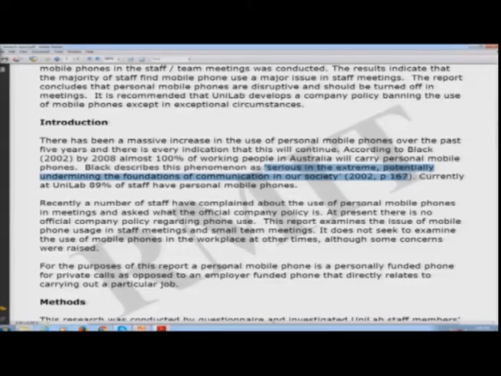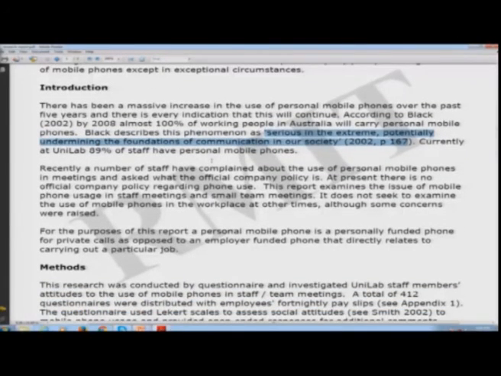So, this introduces the topic, it also straight away comes to the issue. Then it comes to this organization Unilab, which is now the focus.